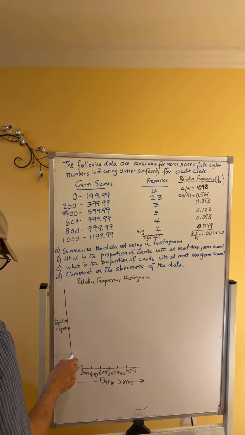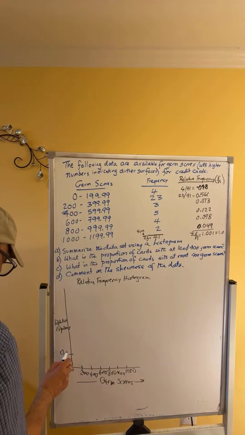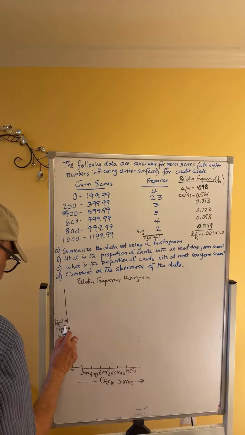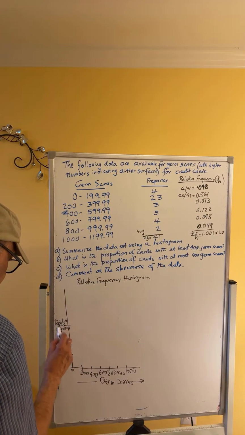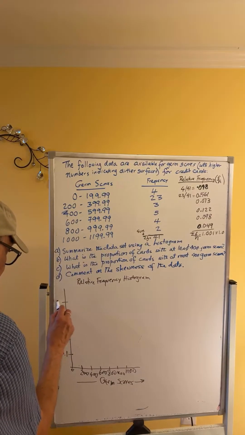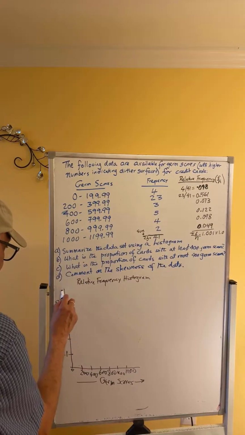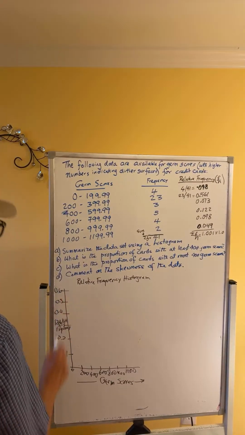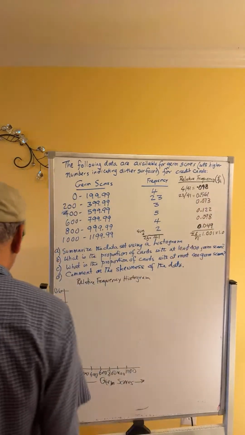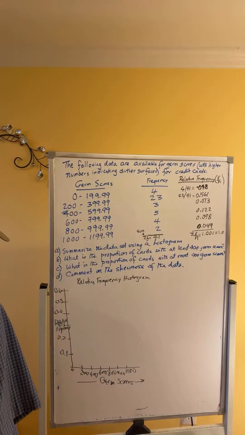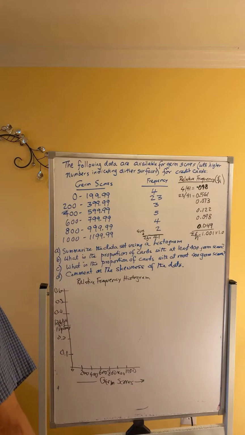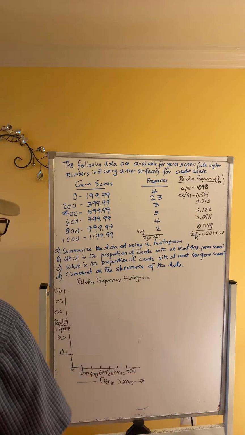So we can have increments of 0.1, 0.2, 0.3, 0.4, 0.5, and 0.6. Why did I stop at 0.6? Because the highest relative frequency in any class is 0.561.